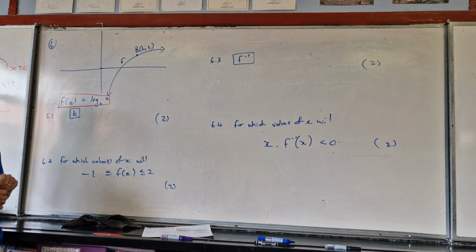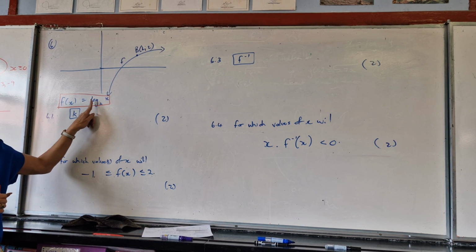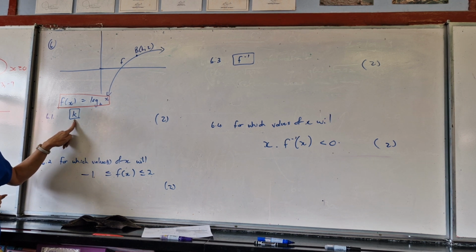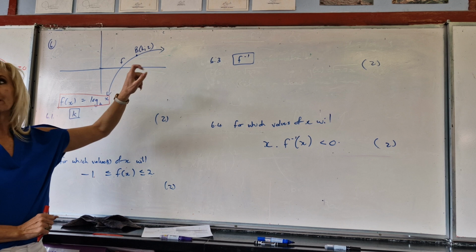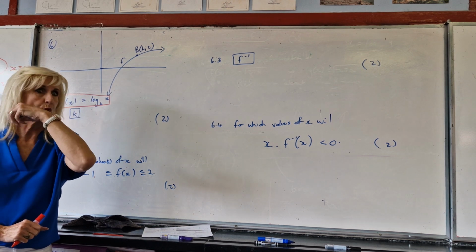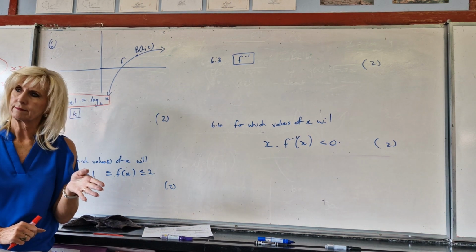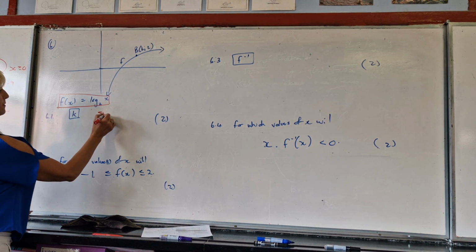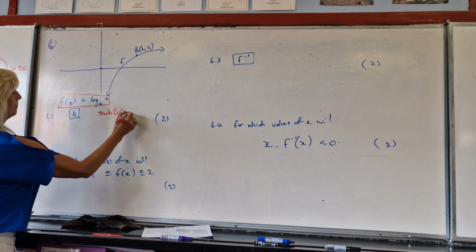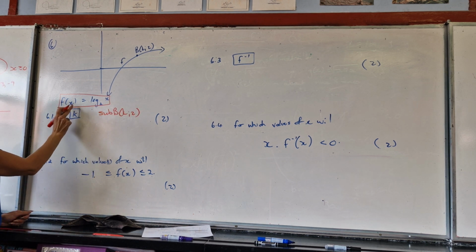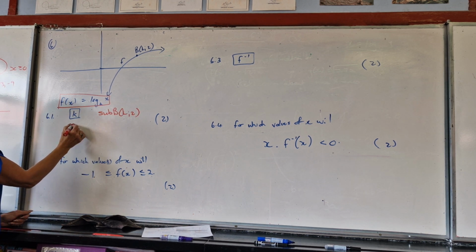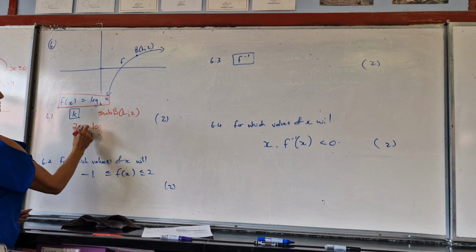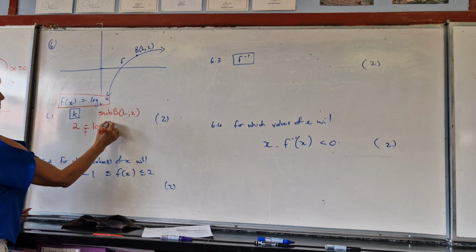Right. So if the log graph is y equals log base 4 of x, the first question was what is k? Where is k? That point that they gave you, but the moment you get a point on whatever graph, what do you do with it? Substitute it. So if you substitute that point, we're going to have, in the place of y, 2, and in the place of x, k.